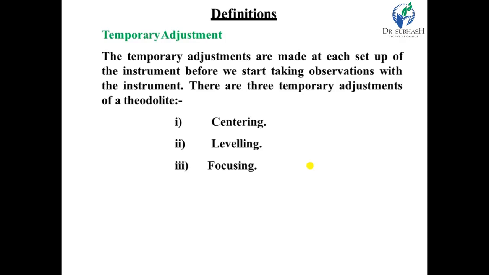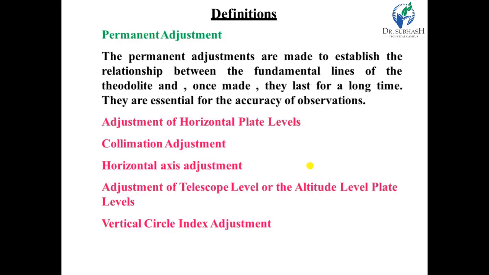That type of adjustment is done during manufacturing, or when purchasing a new instrument, as a single-time adjustment. There are three types of temporary adjustment: centering, leveling and focusing. Another, the permanent adjustment, is made to establish the relation between the fundamental lines of the theodolite.